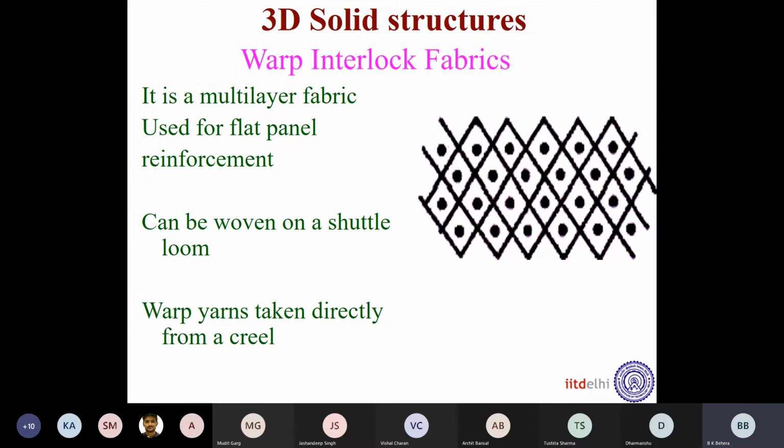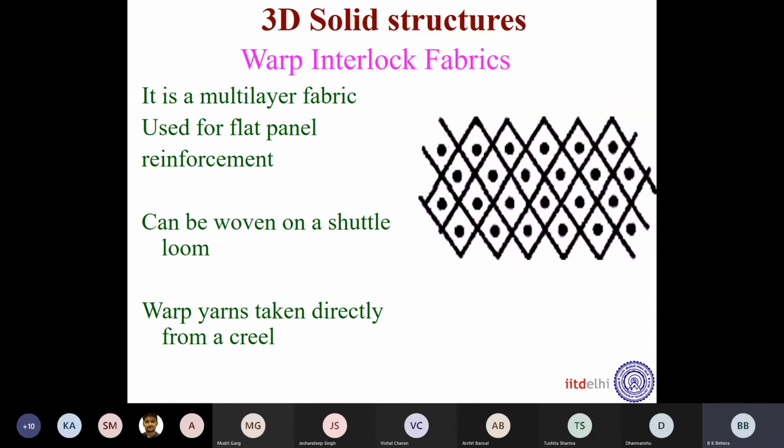It is again a multi-layer fabric. You can produce it in a normal weaving machine, but certainly with some modifications. In this case, normally we take warp yarns directly from the creel.